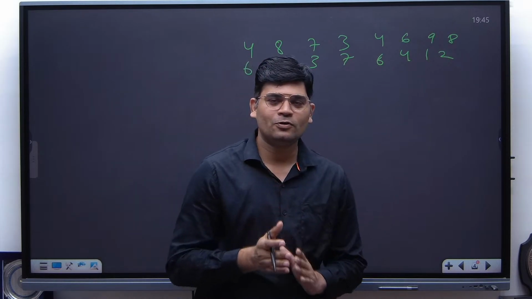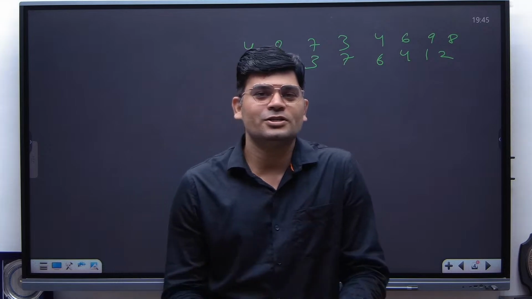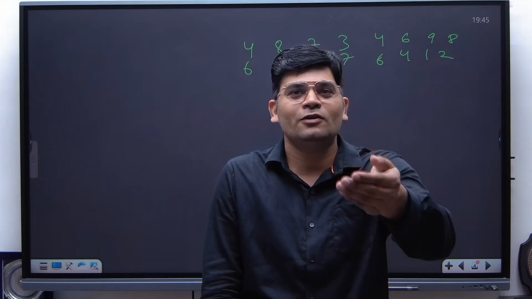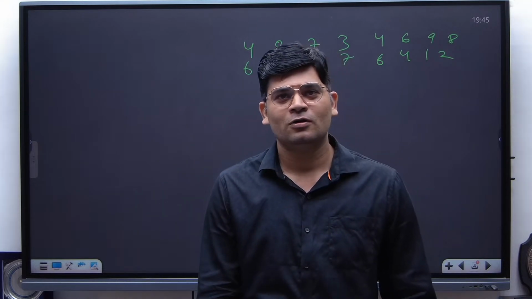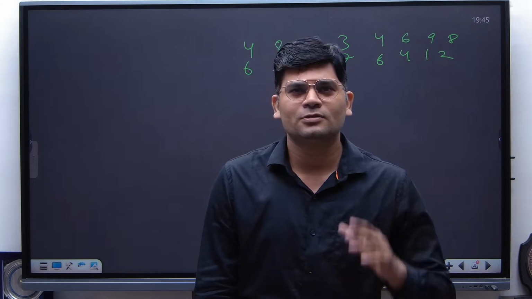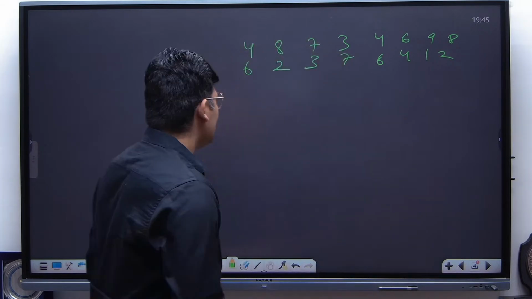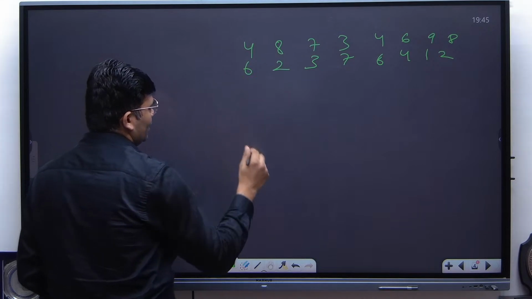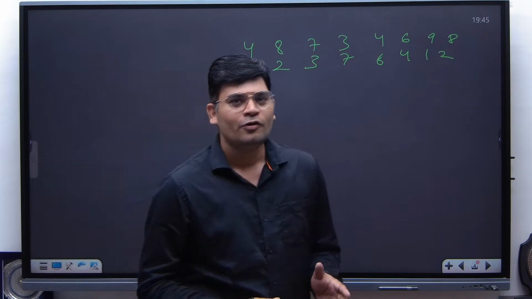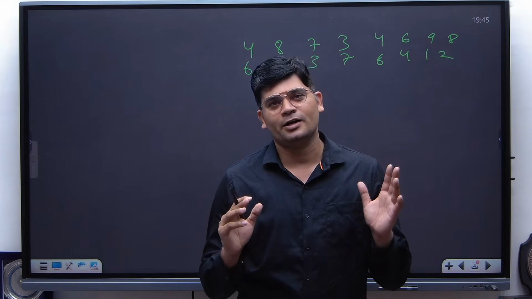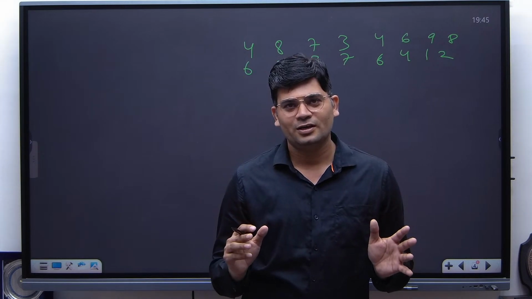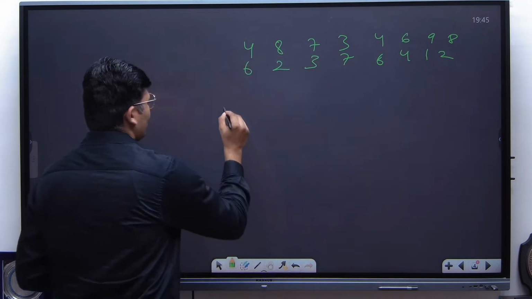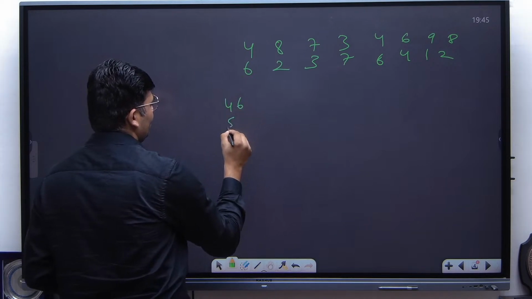I should clap for you. But now the intensity of the game is going to be tougher. And it is not tougher, it is just applying basic common sense. Now I am going to tell you a number and you have to tell me another number so that together they make 100. For example, if I say 46, you will say 54.